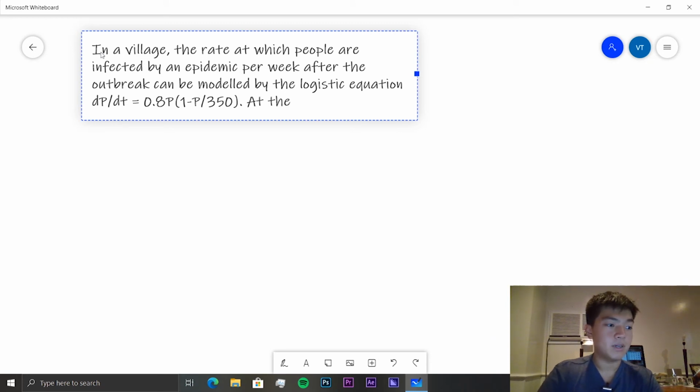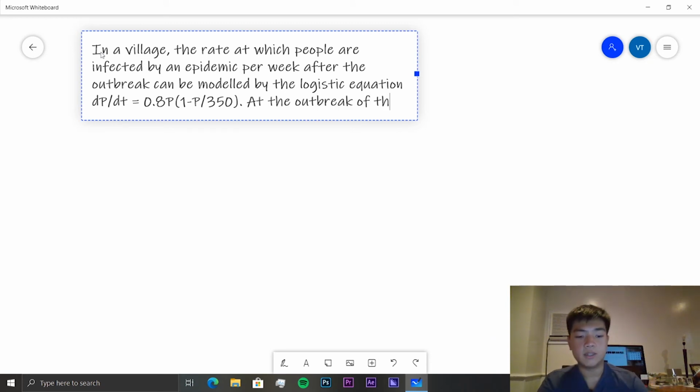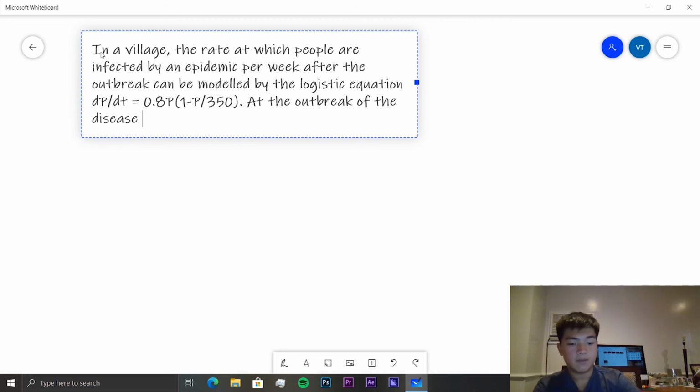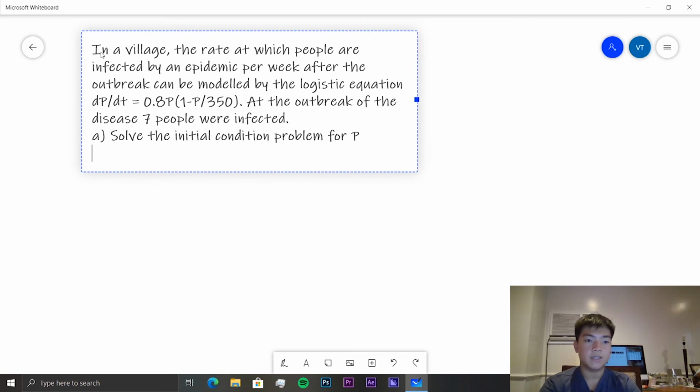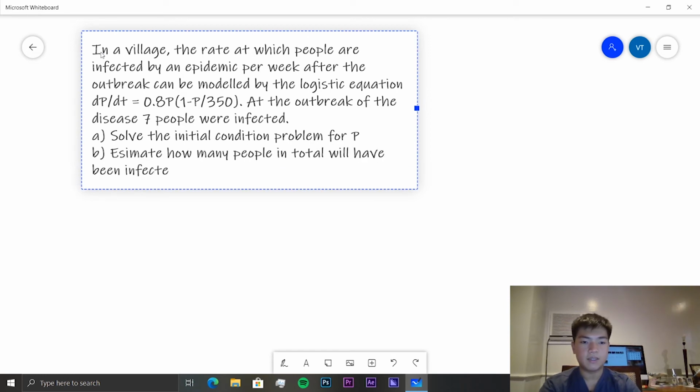At the outbreak of the disease, 7 people were infected. First, we need to solve the initial condition problem for p, and then next we need to estimate how many people in total will have been infected by the disease.